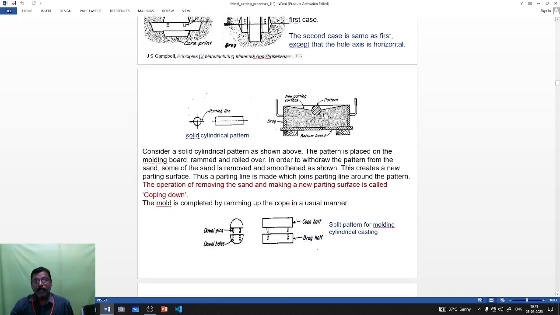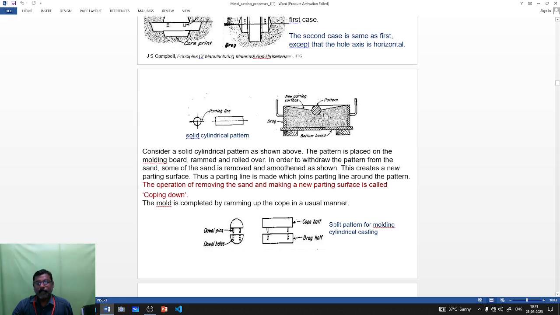Consider a solid cylindrical pattern. The pattern is placed on the molding board, rammed and rolled over in order to withdraw the pattern from the sand. Some of the sand is removed and smoothed. This creates a new parting surface.